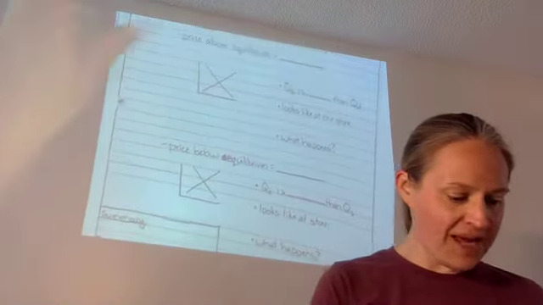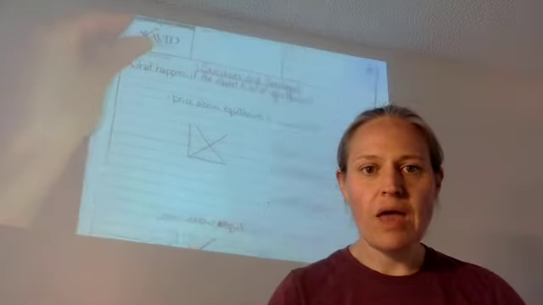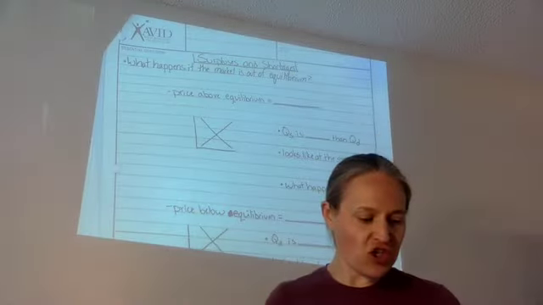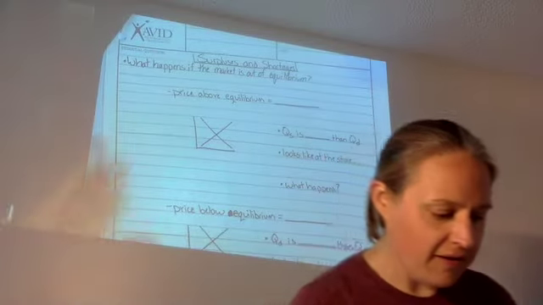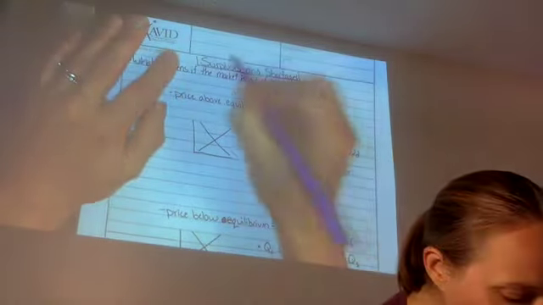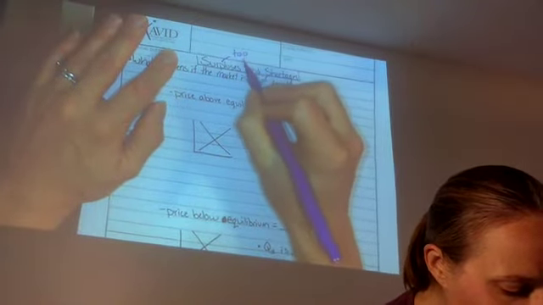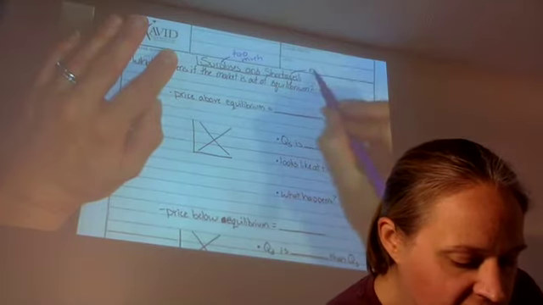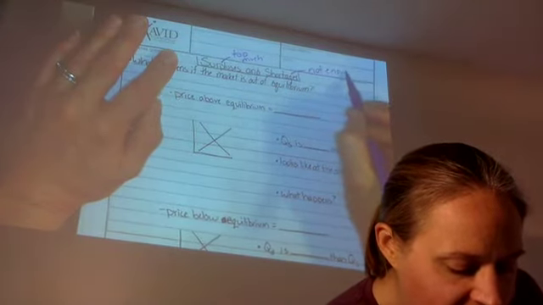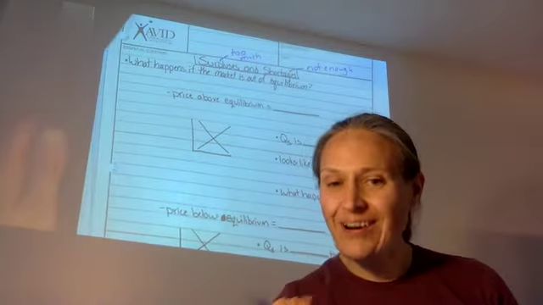All right, so let's go to page 6. And it says surpluses and shortages. Now, those terms, if you have a surplus of something, that means that there's too much of something. And if you have a shortage of something, that means that there's not enough. That term is different than the term scarcity.